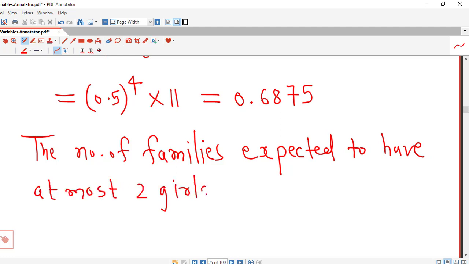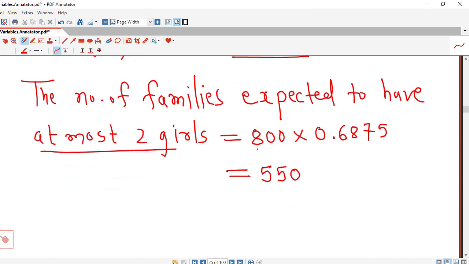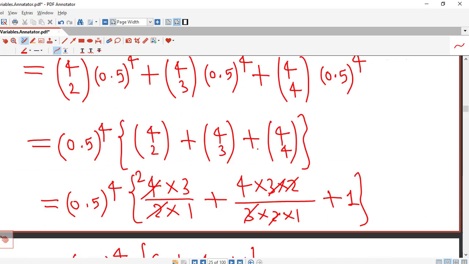So this is equal to the total number of families into the probability of at most 2 girls that we have obtained here, and it is 0.6875. Okay, so we multiply 800 by 0.6875 and we will obtain 550 families. So there are 550 families expected to have at most 2 girls.